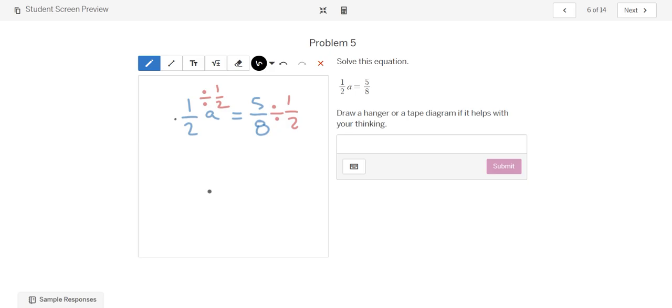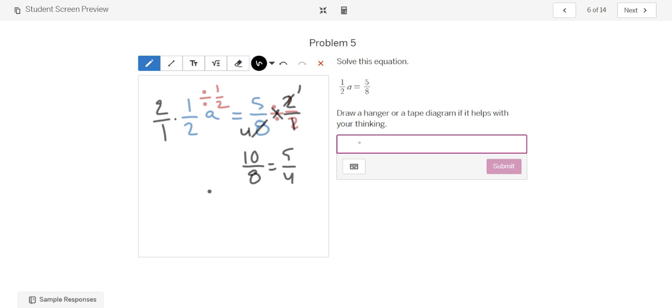Take a look at the right hand side, flip it over, then you multiply. So instead of dividing by 1/2, we could multiply by 2 over 1. And that just becomes 5 times 2 is 10, 8 times 1 is 8, or if I had simplified, I get that that equals 5/4. And so I'm just going to put it in as 10/8.